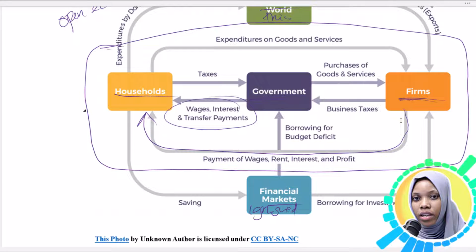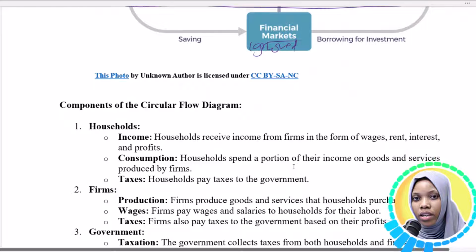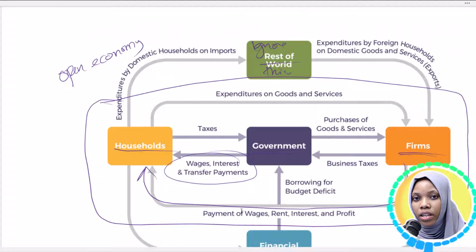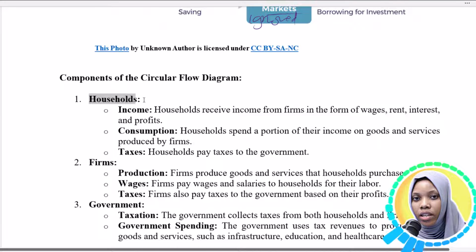They receive wages, interest, and transfers from the firm, and the households spend a portion of their income on the goods and services produced by the firm, and then they also pay taxes to the government. That was about the households.